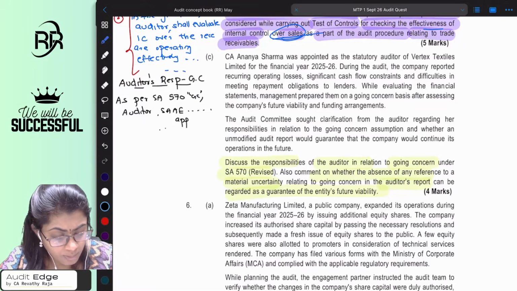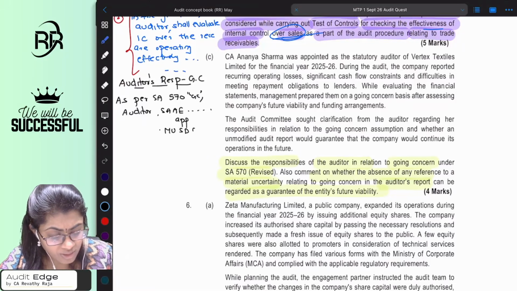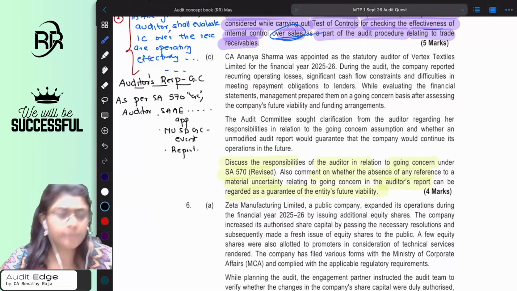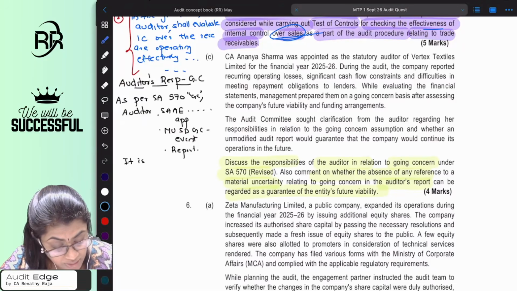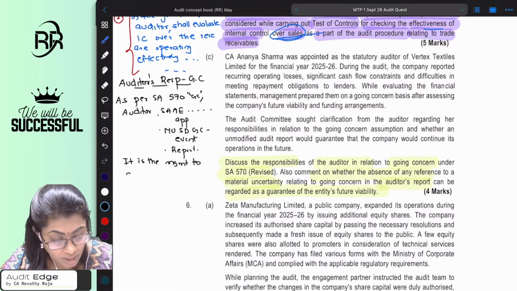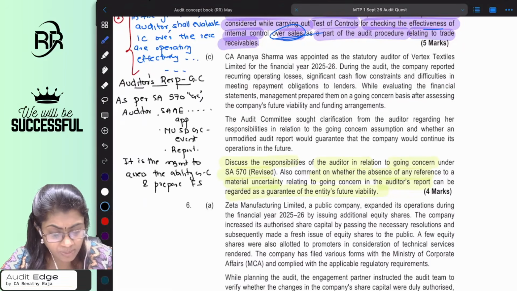Then, material uncertainty, significant doubt on going concern based on events or conditions, and the auditor shall report. Now, it is the responsibility of management to assess the ability to continue as a going concern and prepare and present FS as per going concern assumption.